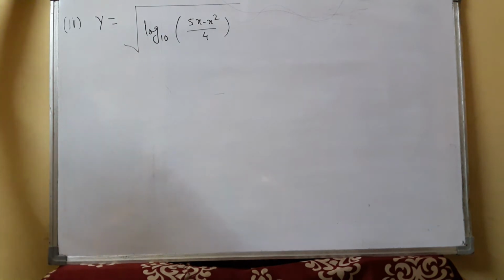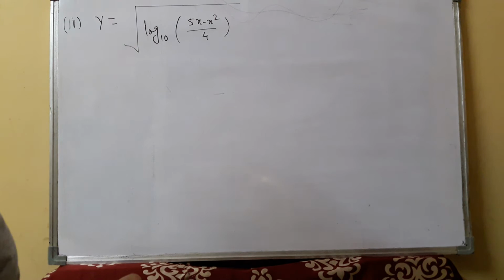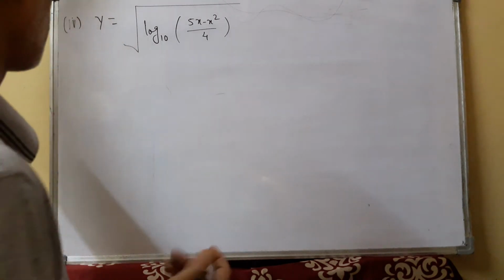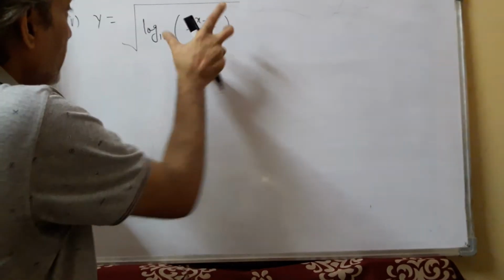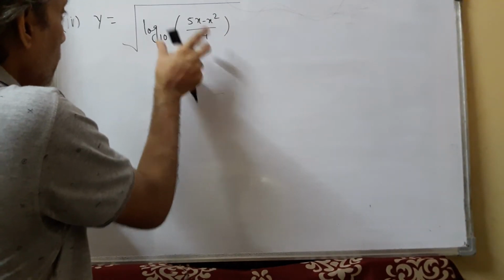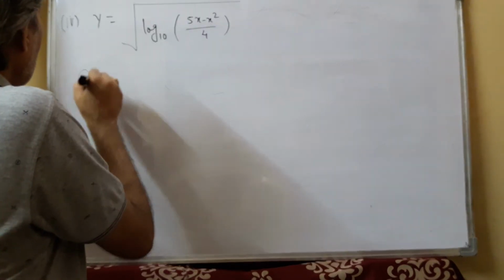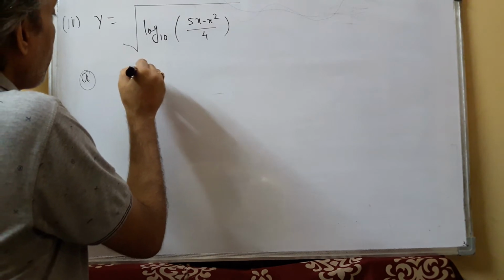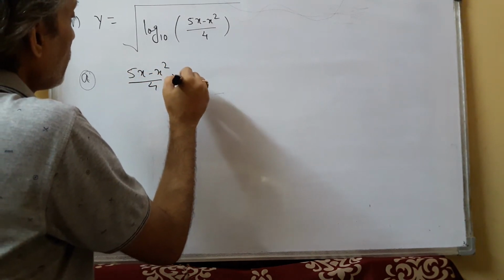Now I am going to solve this. Here we have log as well as square root sign. So firstly you will see for what values of x this logarithmic function is defined. Means 5x minus x square upon 4 should be more than 0.